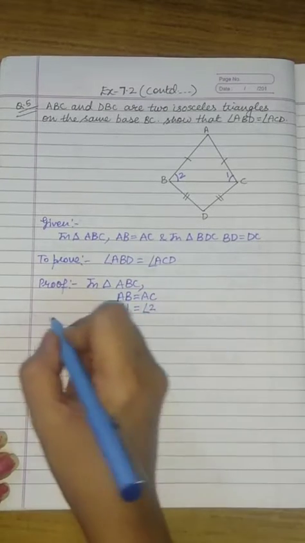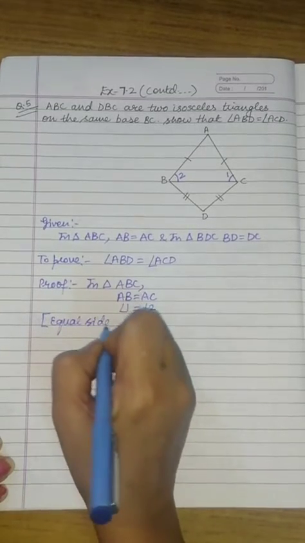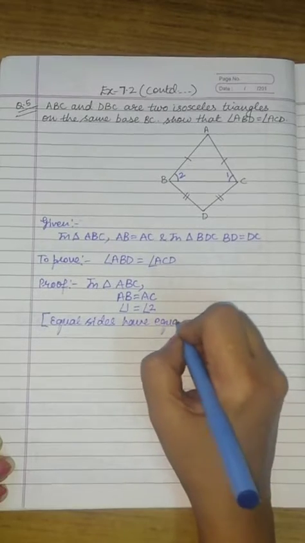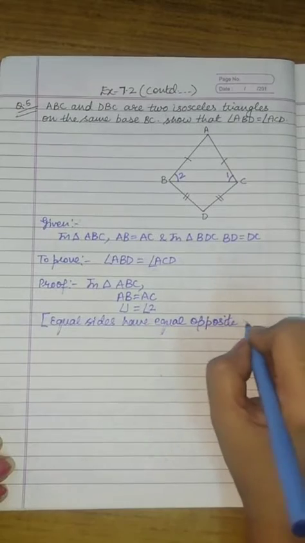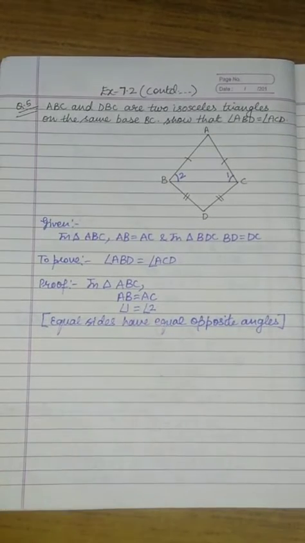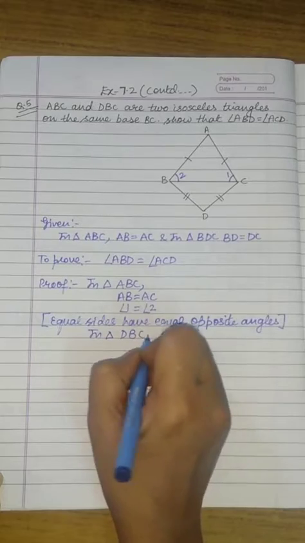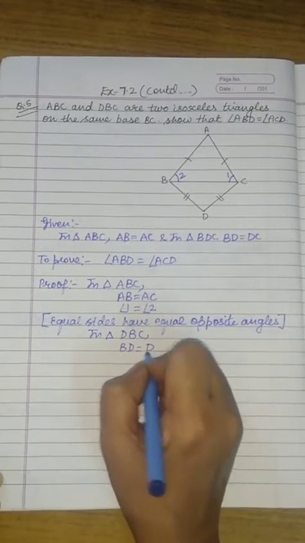So what is the reason behind it? Equal sides have equal opposite angles. Now moving to the second triangle, that is triangle BDC. In triangle BDC we are given BD is equal to DC.